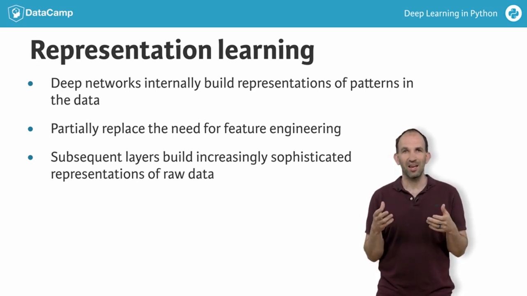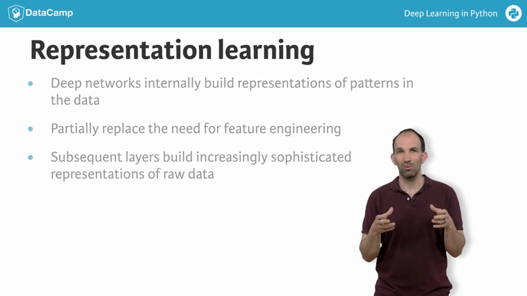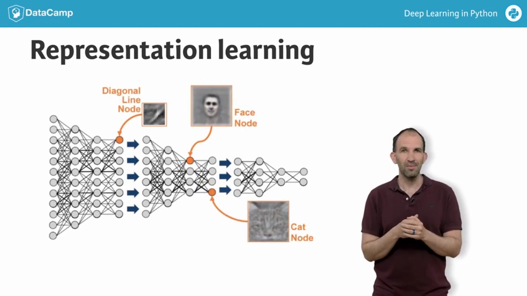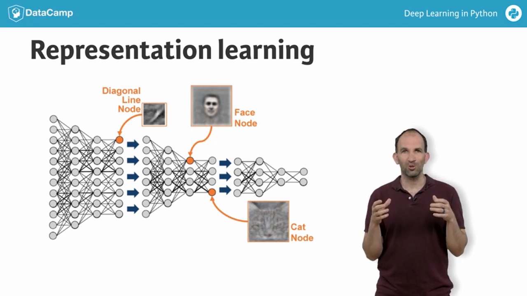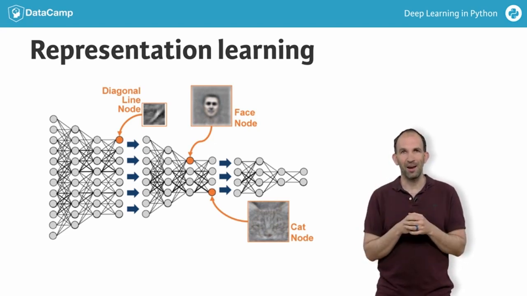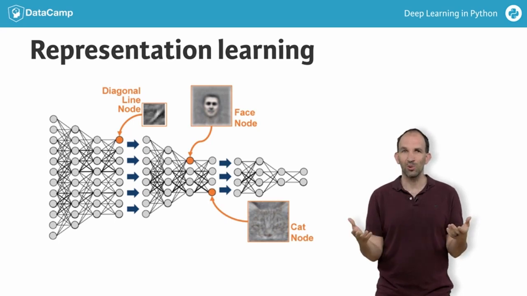This is easiest to understand from an application to images, which you'll see later in this course. Even if you haven't worked with images, you may find it useful to think through this example heuristically. When a neural network tries to classify an image, the first hidden layers build up patterns or interactions that are conceptually simple.